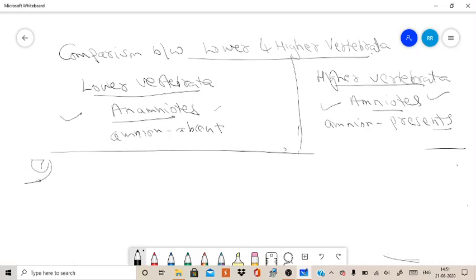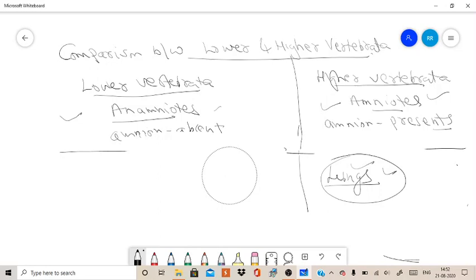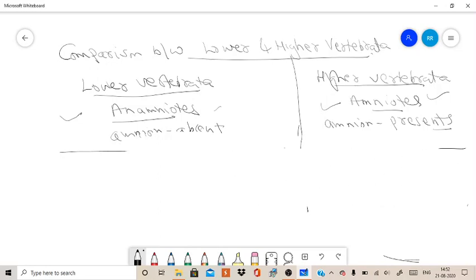Next, the seventh point is that respiration is usually by gills in anamniotes, whereas it is by lungs in amniotes. So this is an adaptation of terrestrial habitat, and this is an adaptation of aquatic habitat. So this is the difference in the respiratory organs.